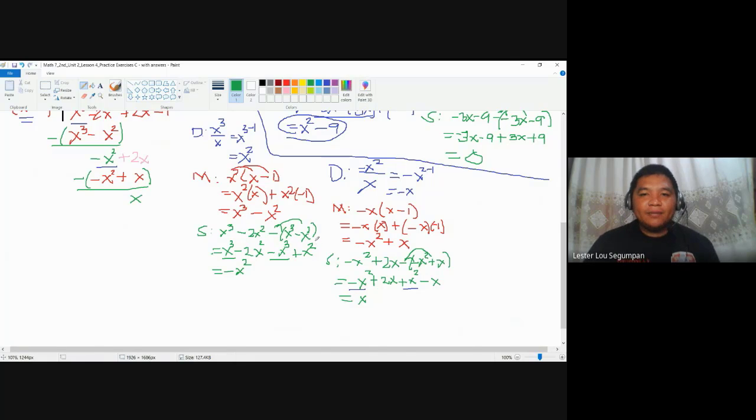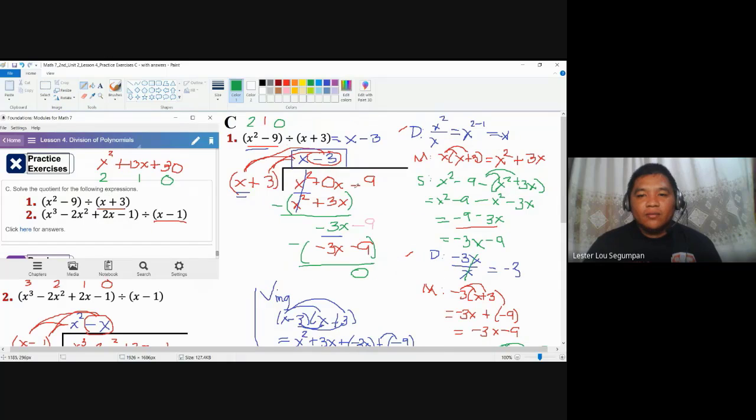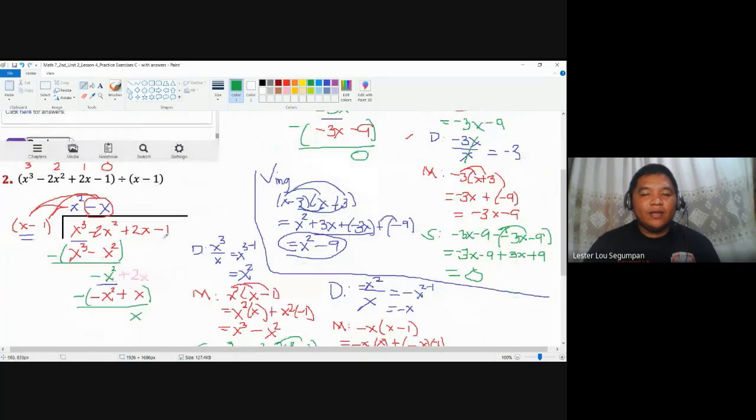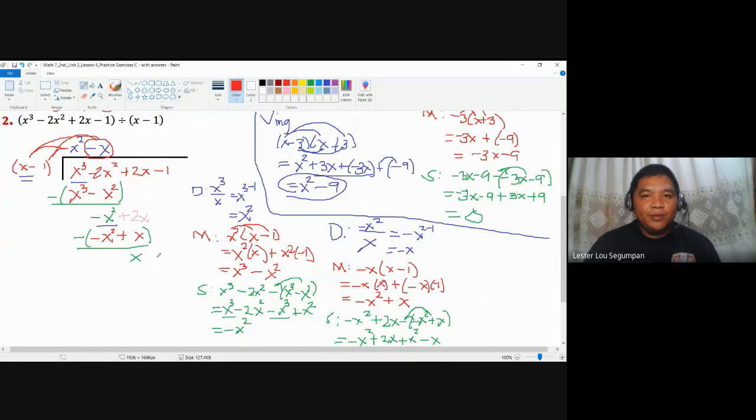In the previous examples, similar to number one of this video, we just ended up in the second cycle. But since we still have another term here, and very obviously x can still be divided by this divisor, bring the term down and then do the third cycle.